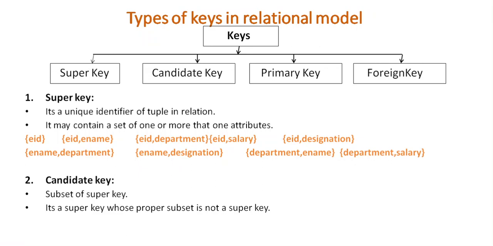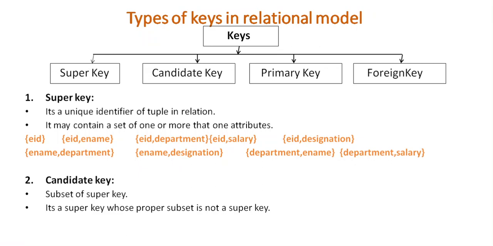See, if two sets are there, A and B, and if we say A is a subset of B, it means that all the elements of A are elements of B. Suppose set A has elements 1, 2 and set B has elements 1, 2, 3, then we can say that A is a subset of B, because all the elements of A are also elements of B. So that is the concept of subset.